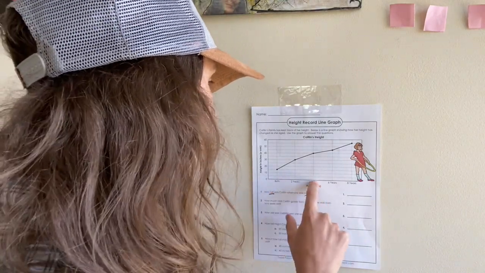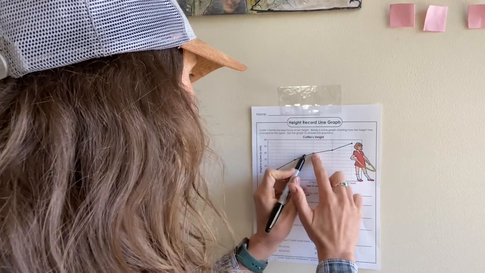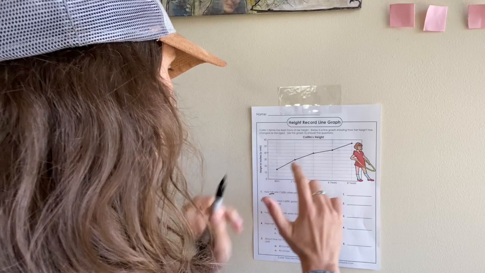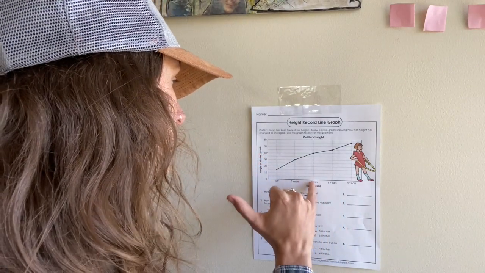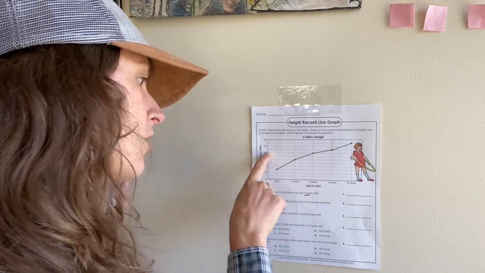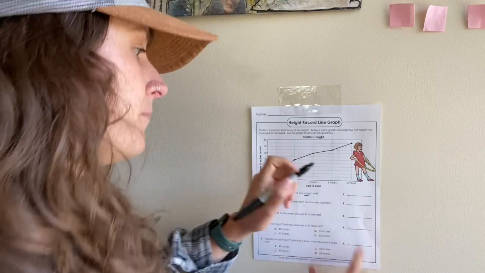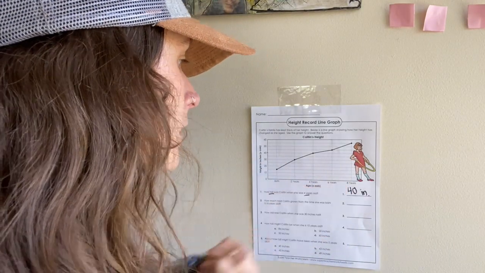So we know here she was 4 years old. Let's go see what that height was. So then we're gonna go over here. It looks to me like when she was 4 years old, she was 40 inches tall. So we are gonna write 40 inches.